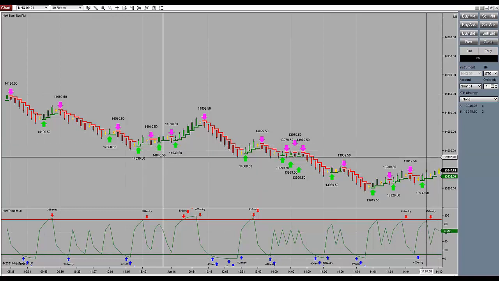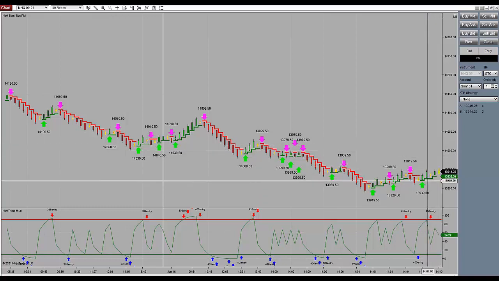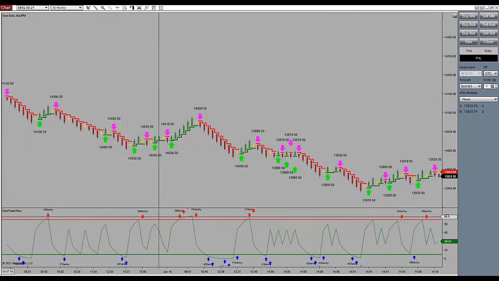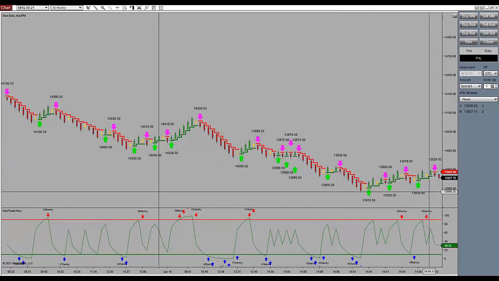All right, so right now you're getting that gold frame bar. Last signal was a buy signal. I've got to sell. Let's see, we did have that consolidation.